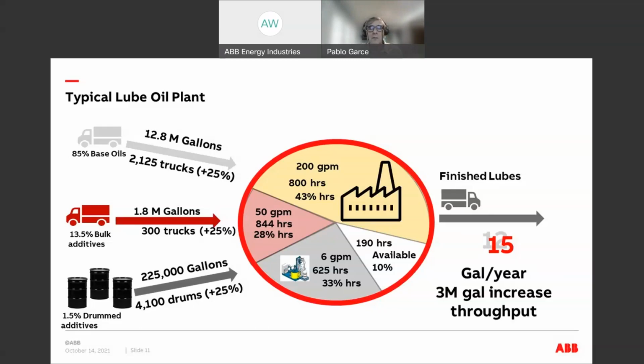When debottlenecked, even this is a mathematical approximation, I still have another 180 hours extra. I didn't want to go all the way down to zero, but you get the overall idea that what we're trying to do here is not just save on how efficiently we can decant a drum, but save in overall productivity.